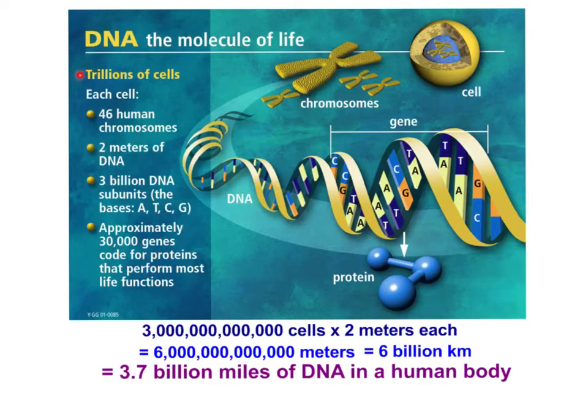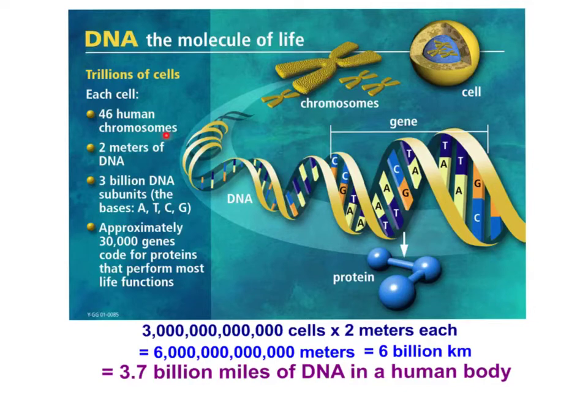Each human being also has 46 chromosomes in each of their cells, except for the gametes, right? Each of those chromosomes contains approximately 2 meters of DNA. So if you could take one of your cells out and take one of the chromosomes out of the nucleus of that cell and unravel it and stretch it from end to end, it would be about 2 meters long.